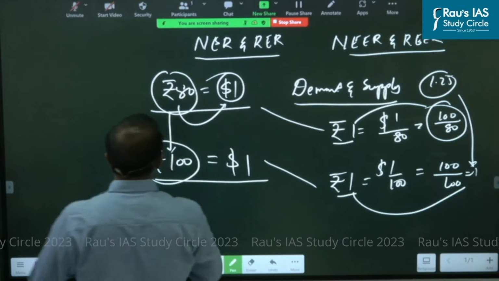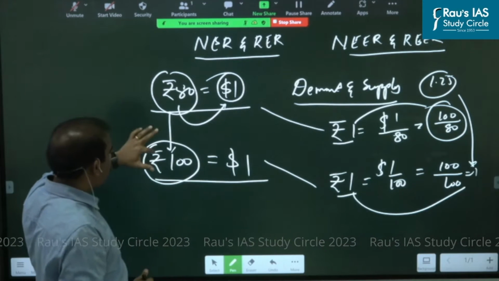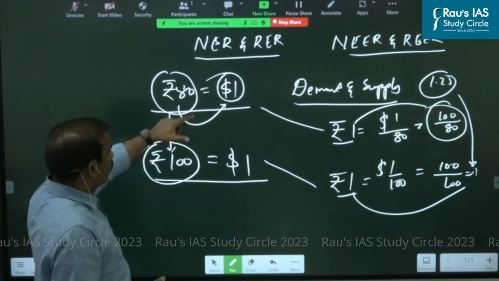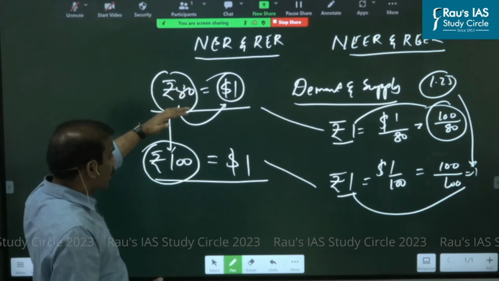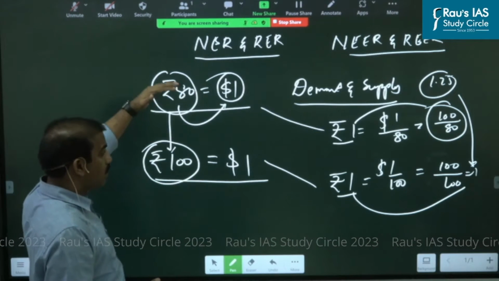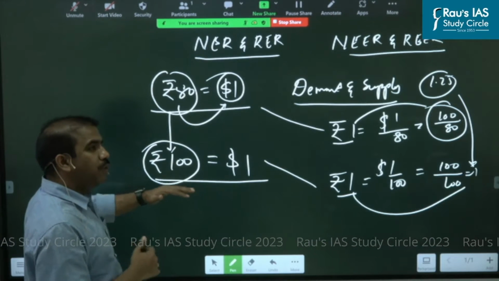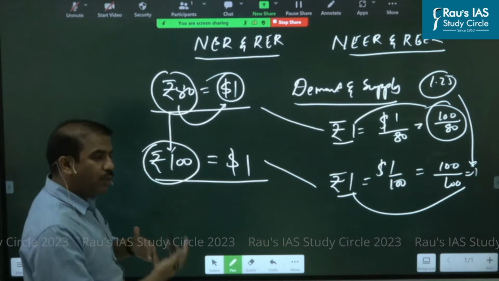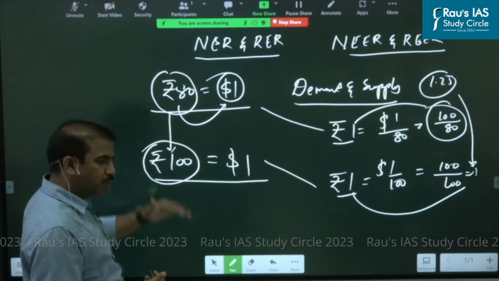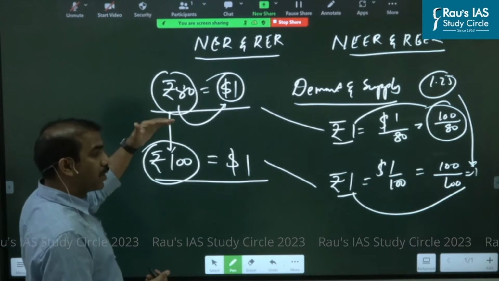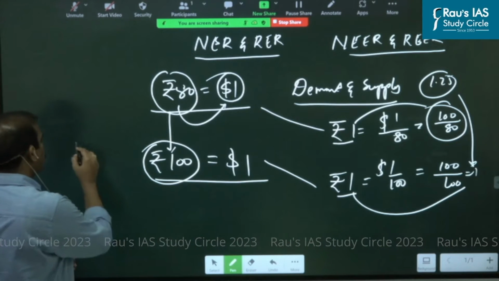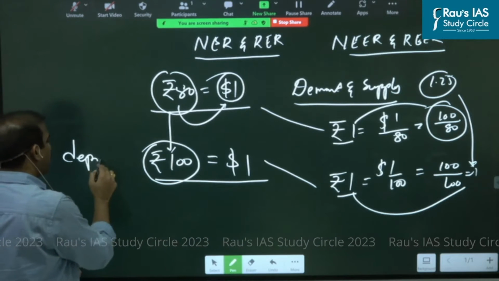So whenever the rupee goes from 80 to 100, you could say the nominal exchange rate is decreasing. That means the number of rupees I am willing to forego in return for 1 unit of foreign currency is reducing. My rupee has become cheaper, and that's where I use the term depreciation of my rupee.